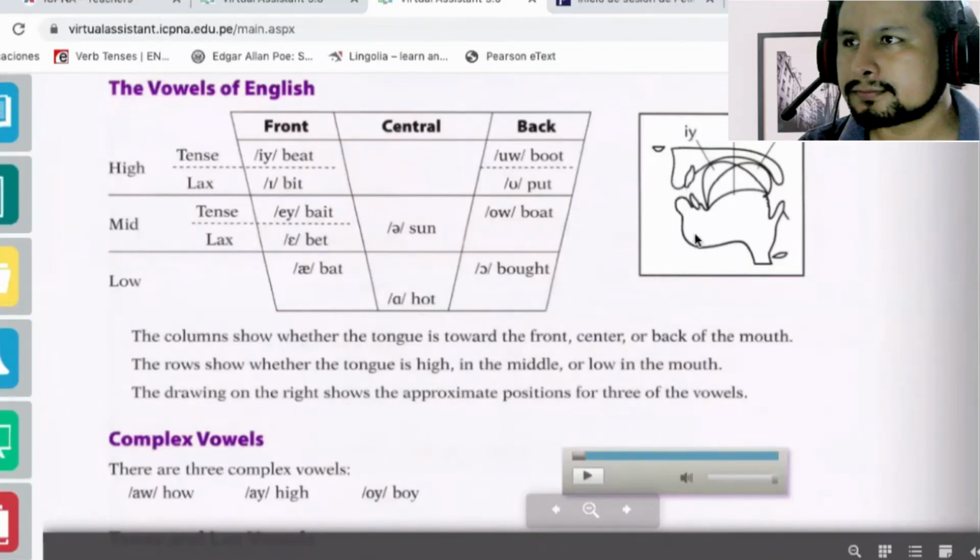And finally, I also mentioned the jaw, because you have to move the jaw. For example, the position of the jaw is different when you say E and when you say A. So to sum up, these three speech organs are important when you make vowel sounds: the tongue, the lips, and the jaw.